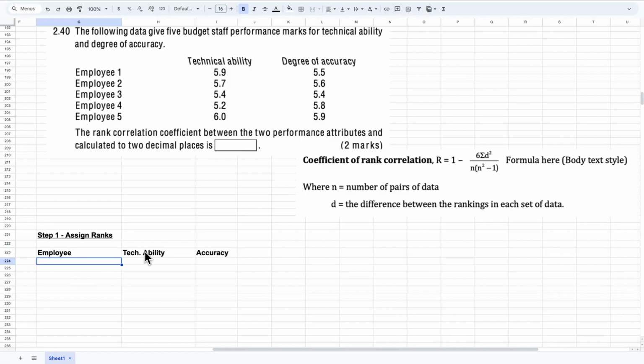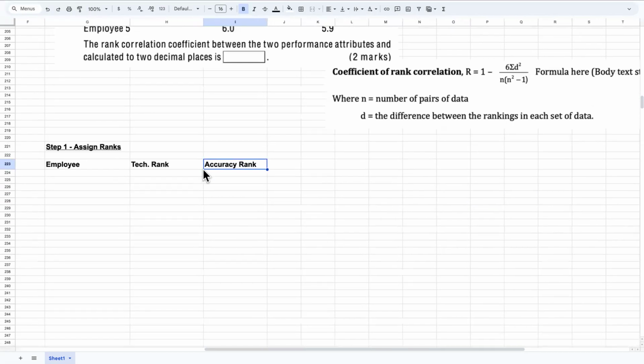So we are going to rank technical ability, tech rank, and also accuracy rank. We are going to give ranks to the employees by performance. The good performer we will give rank number one. The worst performer we will give the last rank, number five.